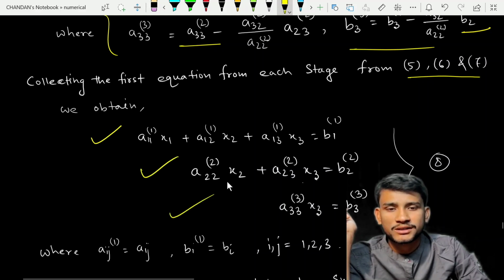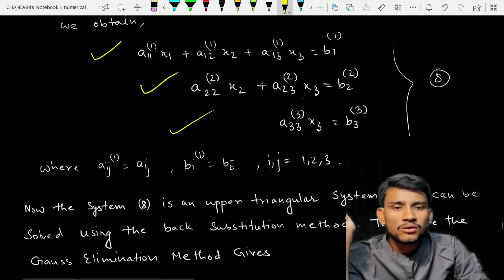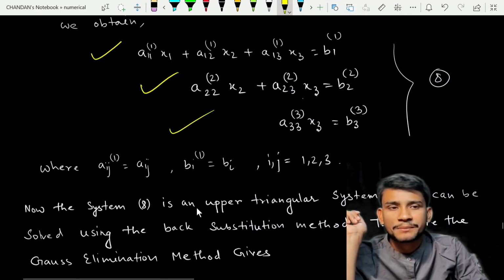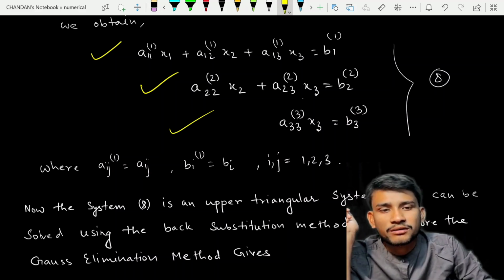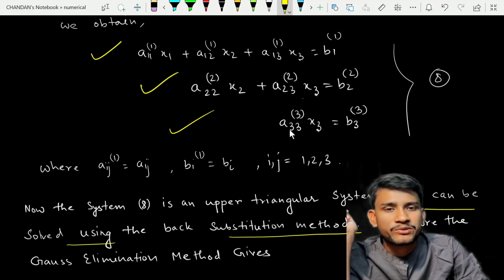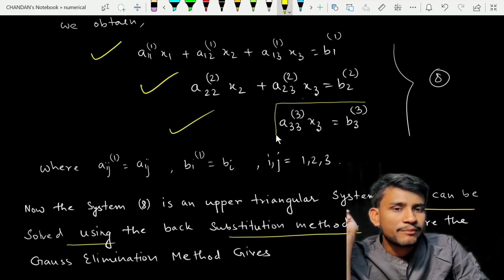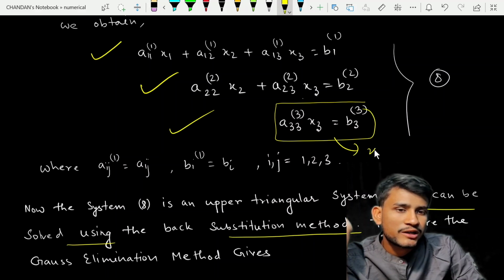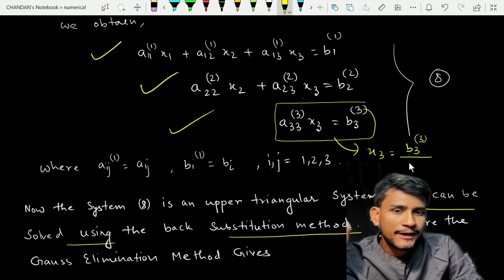Now the system 8 is an upper triangular system and can be solved by using the back substitution method. Back substitution means first we find the value of x3, that is from here we can write x3 equal to b3 superscript 3 by a33 superscript 3.